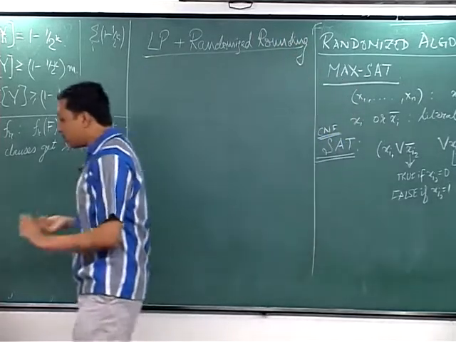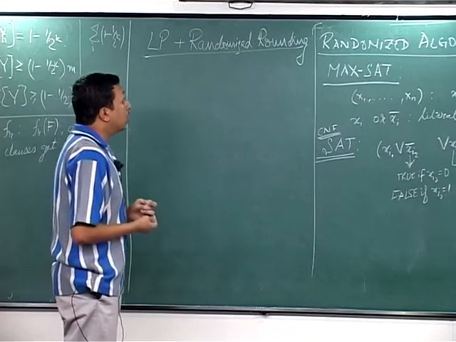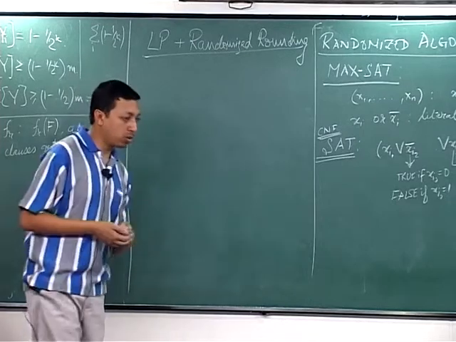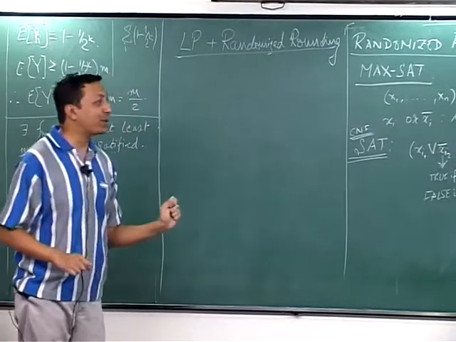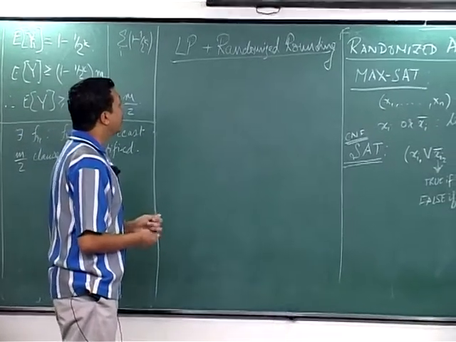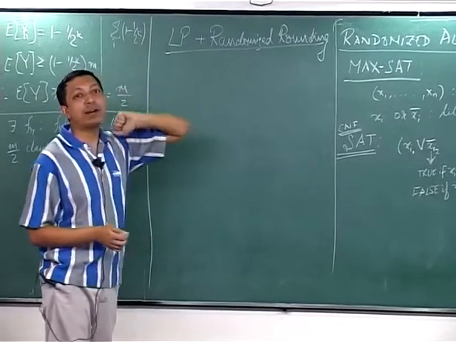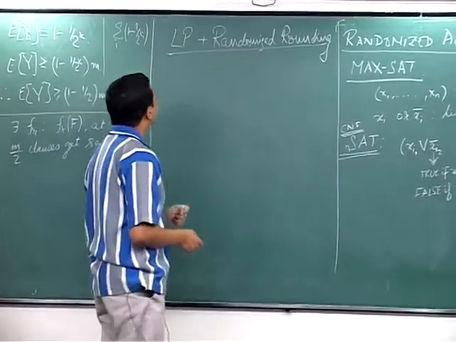Linear programming, not many people know, is something very different from the computer programming that you might have done so far. This is what is called mathematical programming, something completely different.